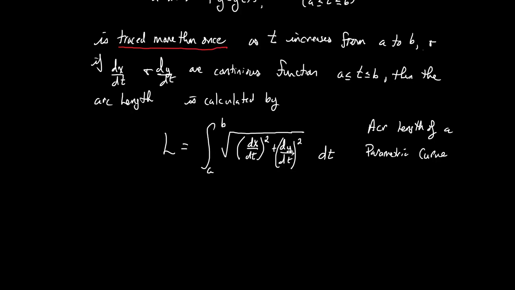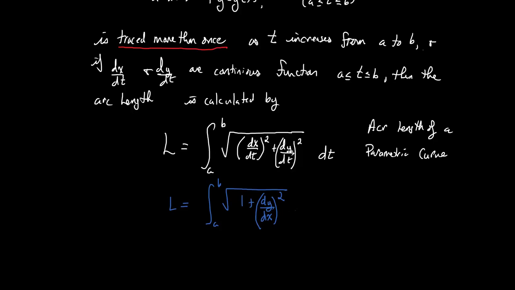Let's just review for our own knowledge. If we want to find the arc length of a function, this is going to be the square root of 1 plus (dy/dx) squared, integrated with respect to x.